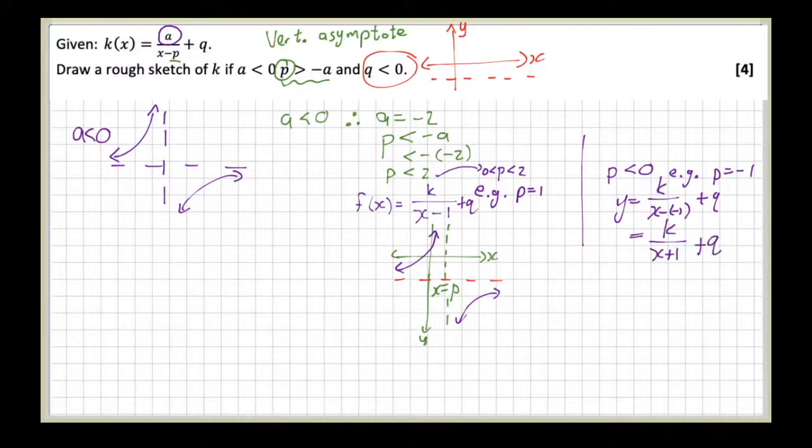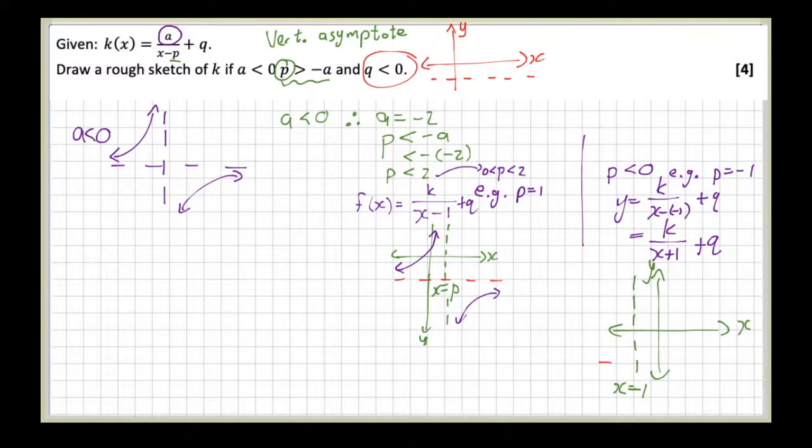Now, all of a sudden, my vertical asymptote lies on the negative side, so x is equal to negative 1.